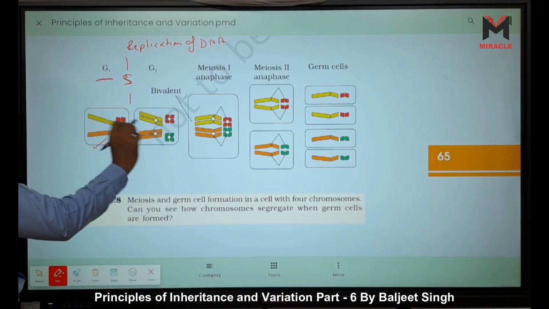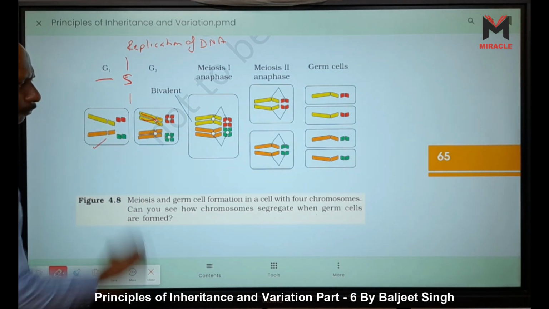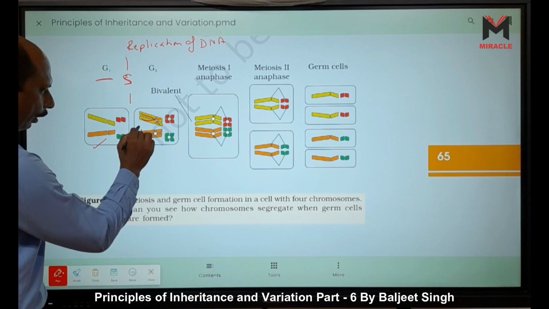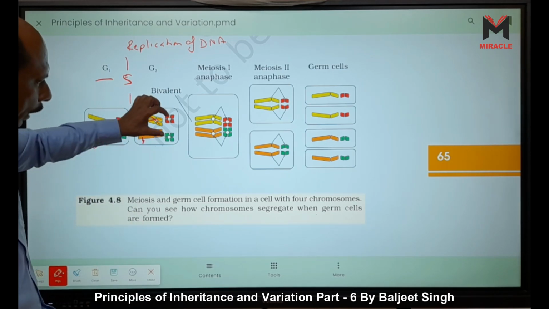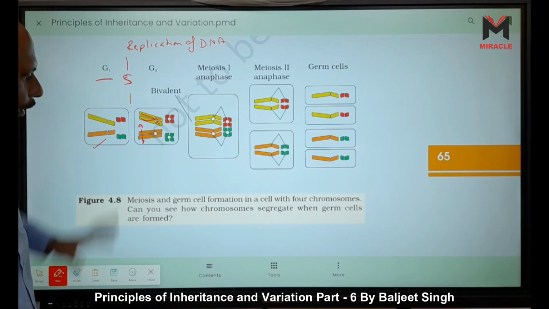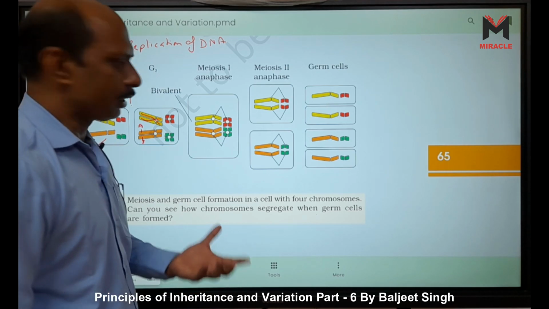Now replication means each chromosome has two sister chromatids, A and B. You can see here 1, 2 chromosomes and these 4 chromatids. G2 phase means some other proteins are formed. This is growth second phase.